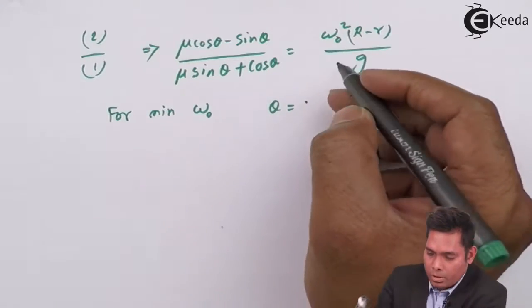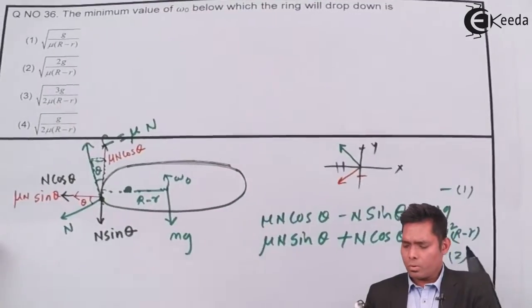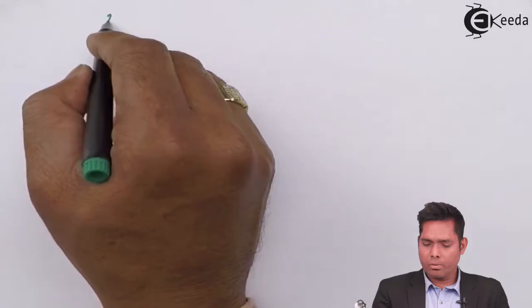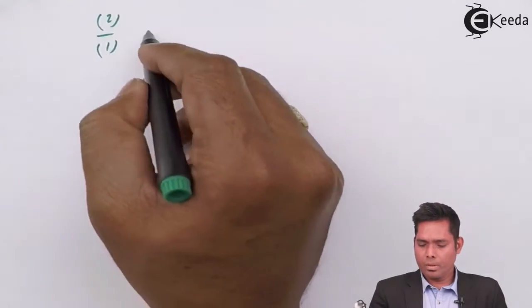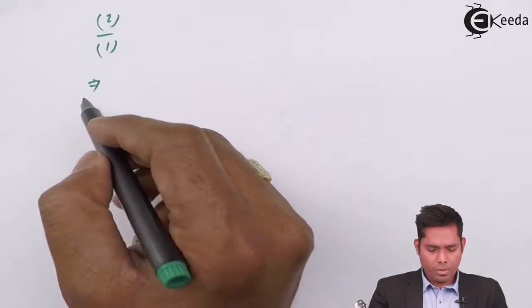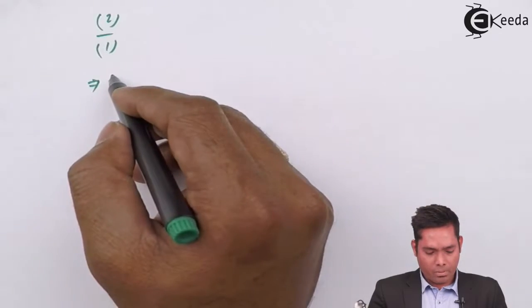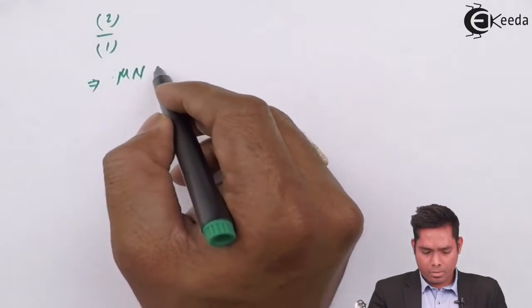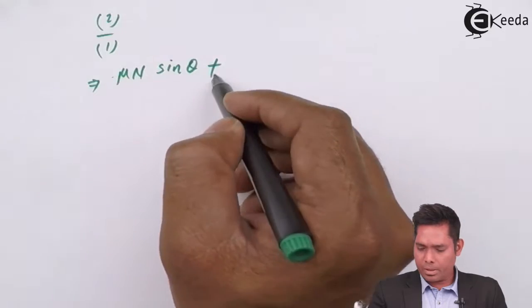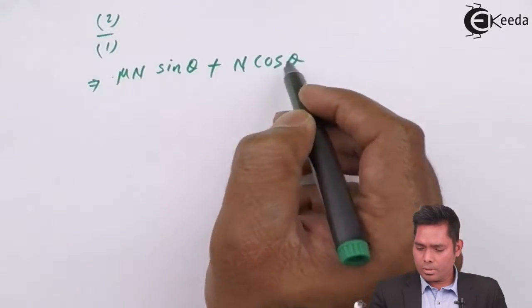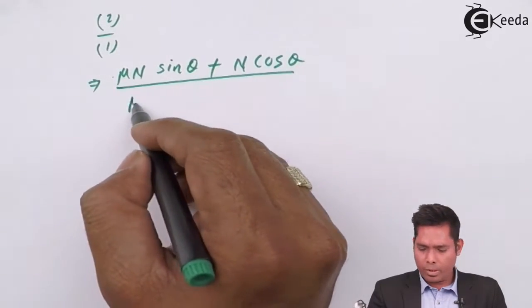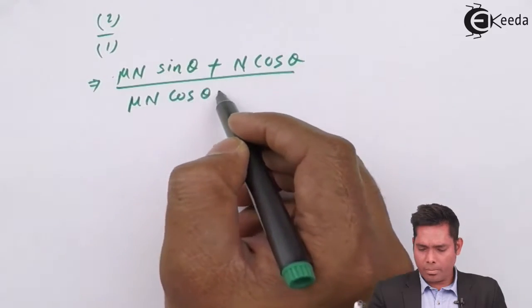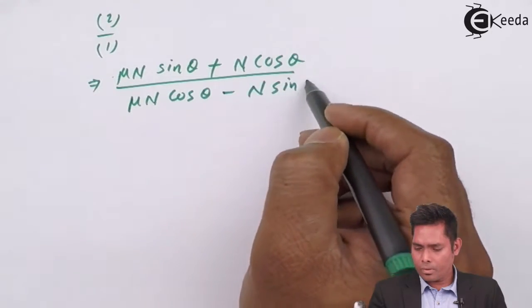So dividing the two equations, 2 by 1, what will we get? Equation 2 divided by 1 gives me the left part: mu n sin theta plus n cos theta divided by mu n cos theta minus n sin theta.